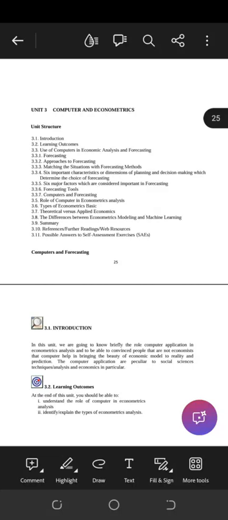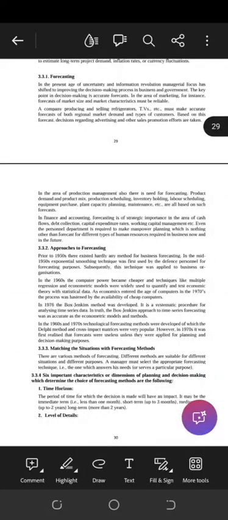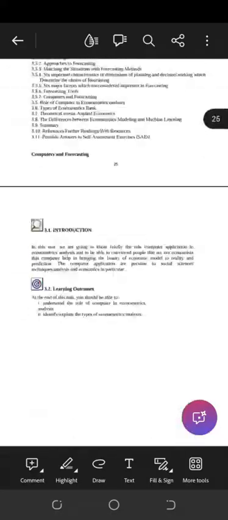What is here now is forecasting, approaches to forecasting, matching situations with forecasting methods, six important characteristics of dimensions. There is no machine learning here. Oh, now I have found machine learning.